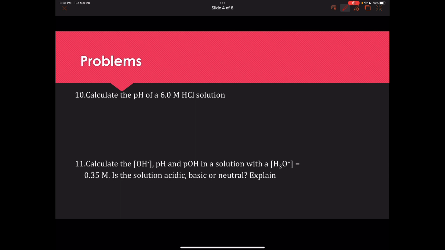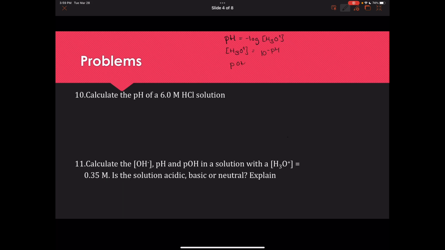So we've got a whole bunch of tools that we can use for calculations. We've got pH equaling the negative log of hydronium. We have hydronium equaling 10 to the negative pH.